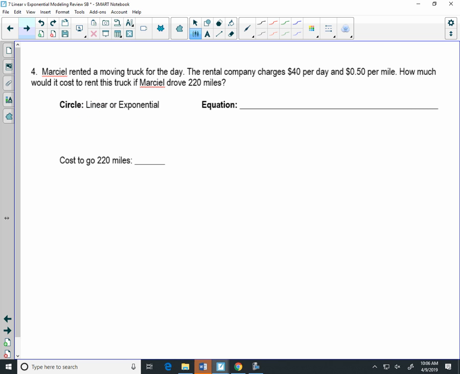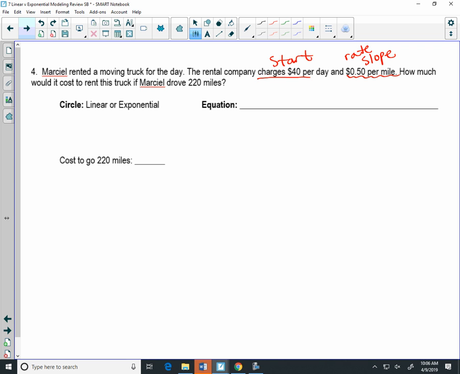Someone rents a moving truck. The rental company charges $40 a day, and then 50 cents per mile. So here's that per mile, that rate, which hopefully makes you think slope. So let's go ahead and I see that we are starting with $40.